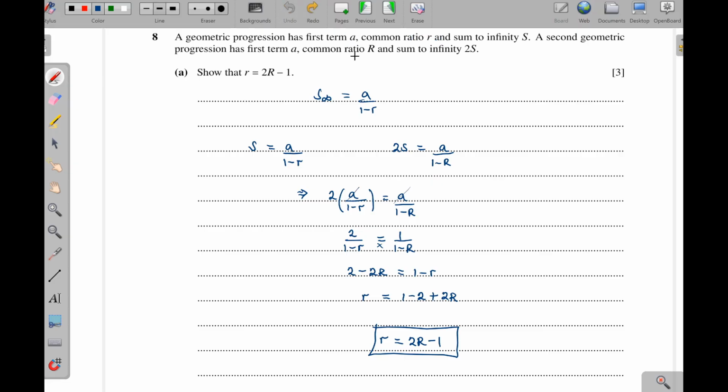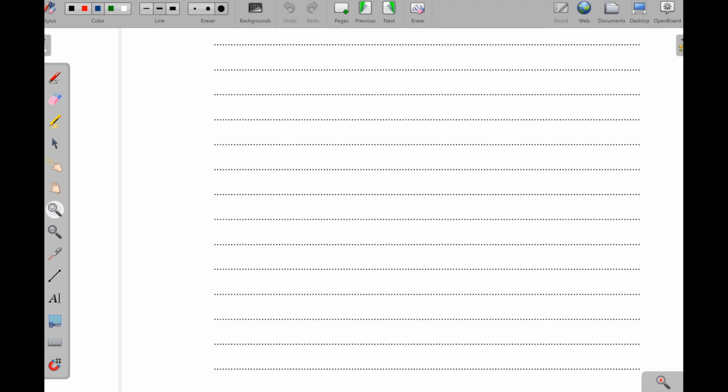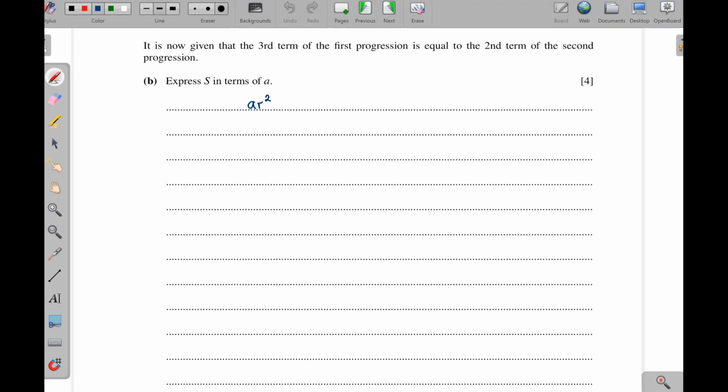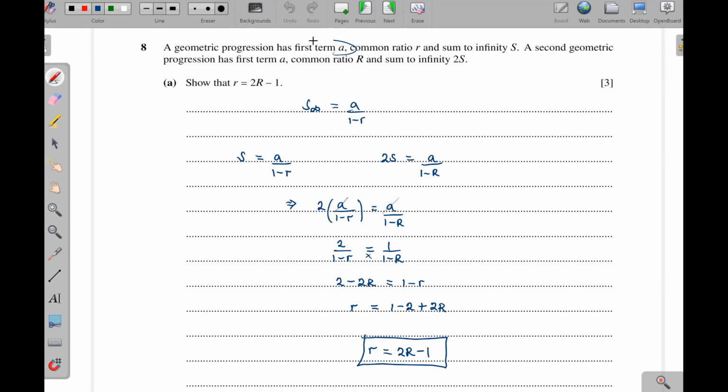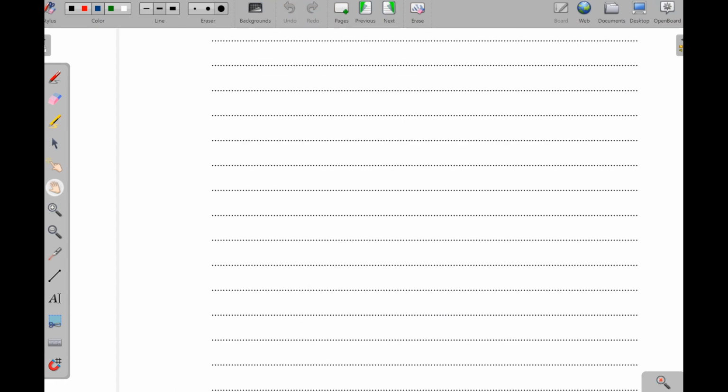For this one, it is capital R. They have said that this one is equal to the second term of the second progression. So the second term is given by a times capital R. Of course, a will go because both of them have the same first term, as they said the first term here is a, and here is also a.